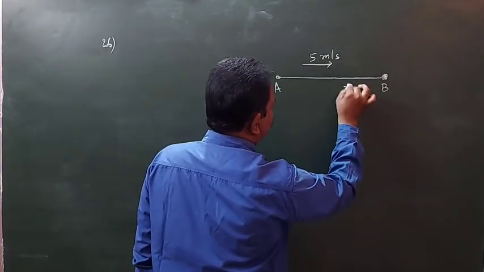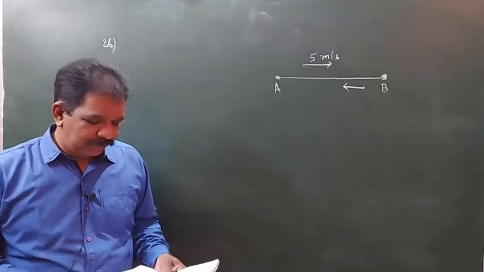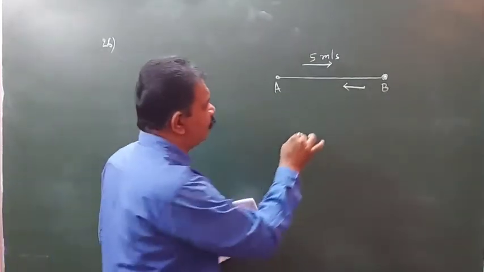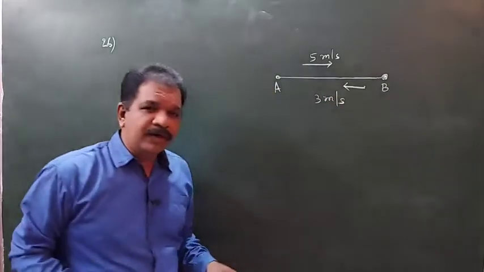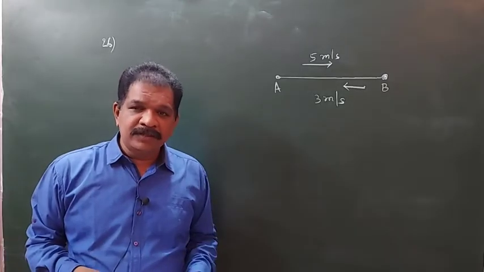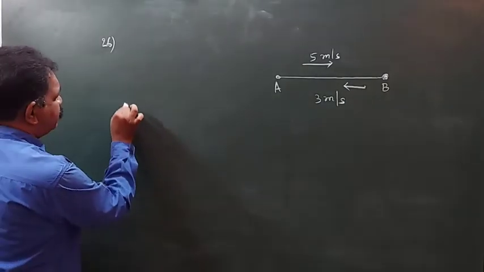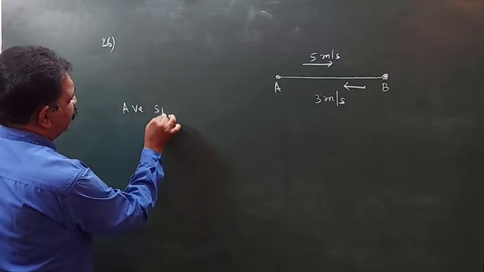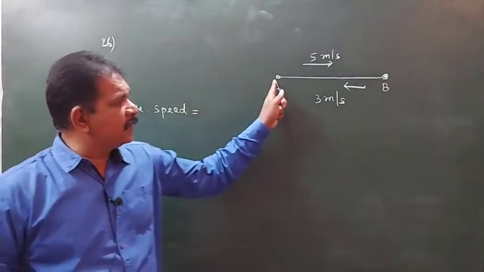Again he started from B, again came to A with a speed of 3 meter per second. What is the average speed they are asking? Okay, average speed formula. Here displacement will be same.